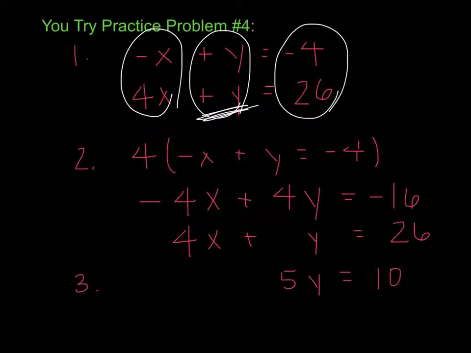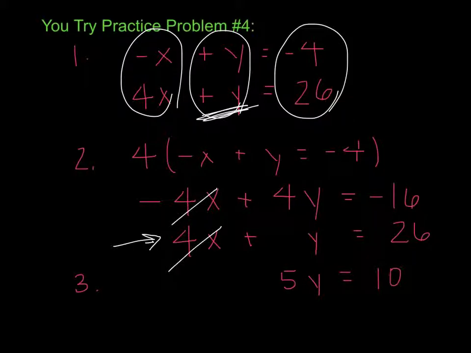Totally doable. When I multiplied by 4, I got negative 4x plus 4y equals negative 16, and 4x plus y equals 26. That canceled out my x's.